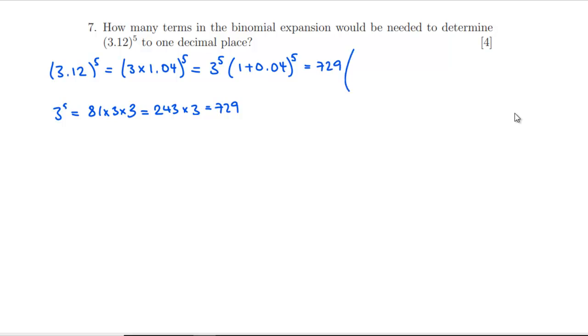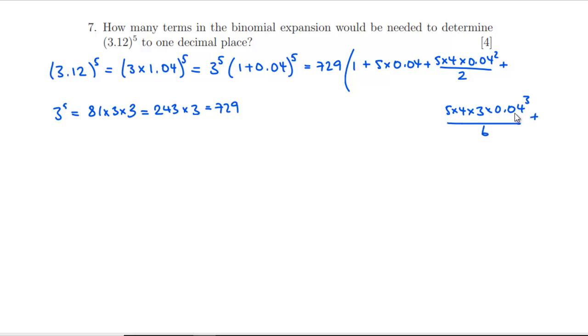Right, so we've got that bit, 729. And then we're going to be doing 1 plus 5 times 0.04 plus 5 times 4 times 0.04 squared over 2 factorial plus 5 times 4 times 3 times 0.04 cubed divided by 3 factorial.